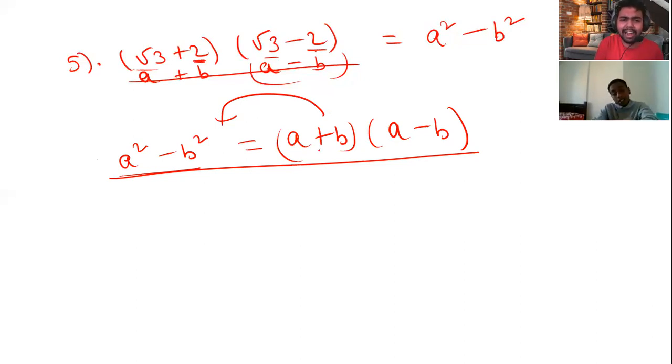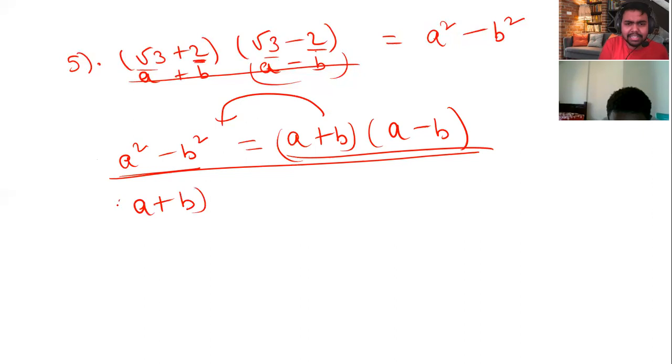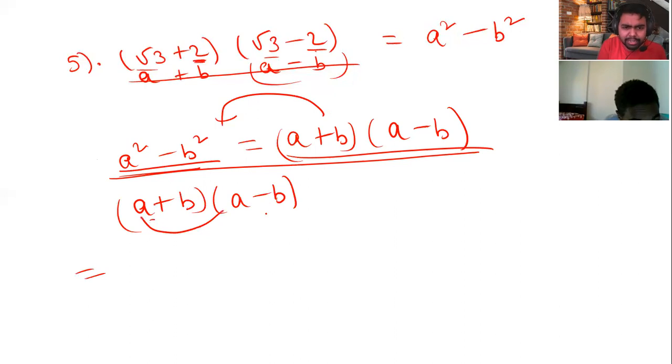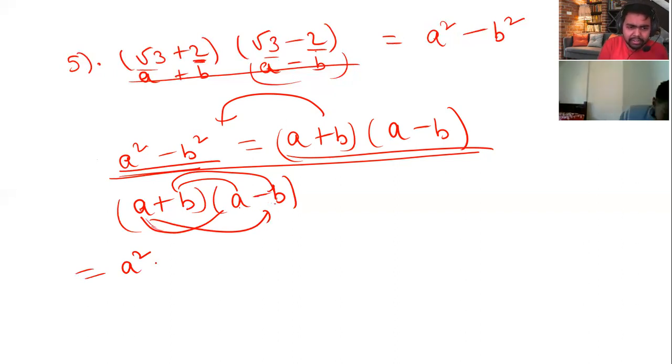And if you are asking how they can be equal, let us prove it. I am taking a plus b into a minus b and I am going to solve this part. If I get this, then your query would be satisfied. First of all, it would be multiplied here, and here, and also here. A times a will give me a square, right? Then a times b, and here is a minus sign, so it gives me minus ab.